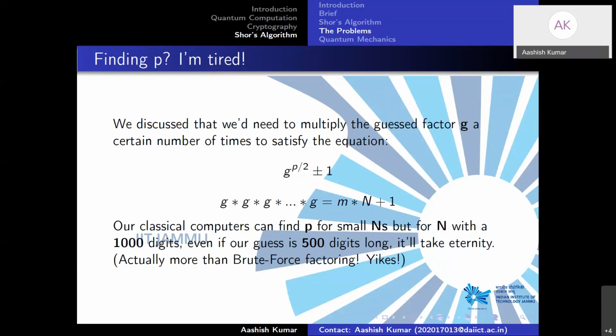But for larger n's with 1,000 digits, even if our guess factor has 500 digits in it, it will take a lot of time to find this p value using classical computation, even more time than brute force factoring.